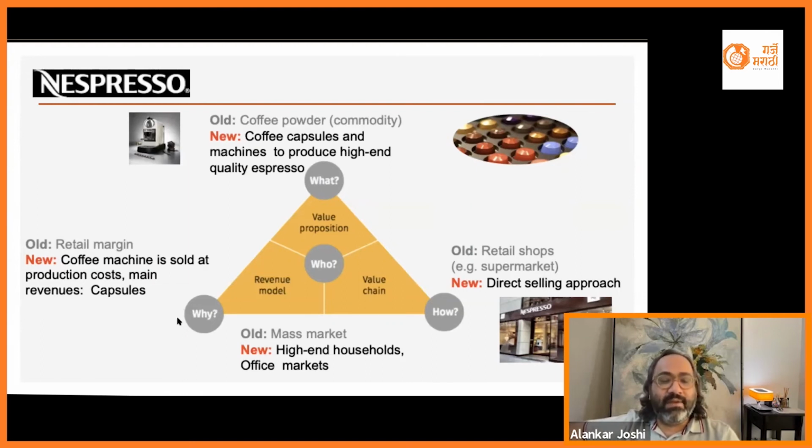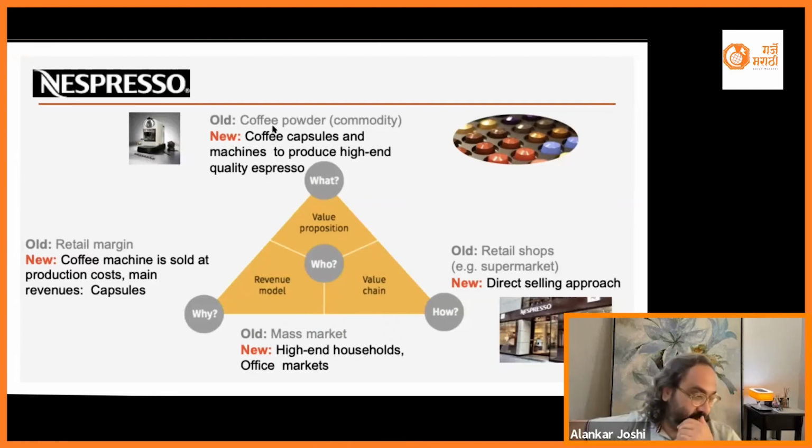So they have had to continuously iterate and change the business model. One of the problems they are facing now, and have faced over the years, is that the coffee capsules are made of aluminum, and there's a big recycling component to this.